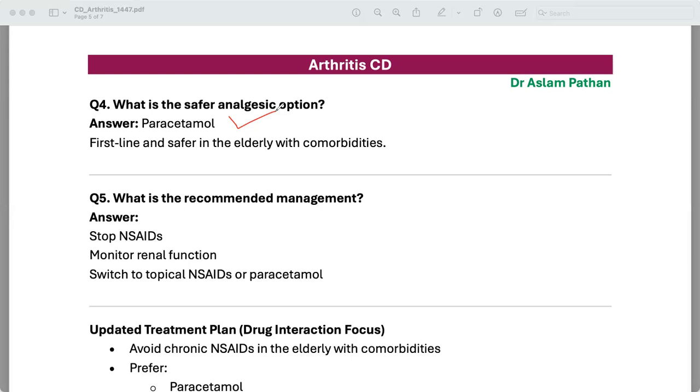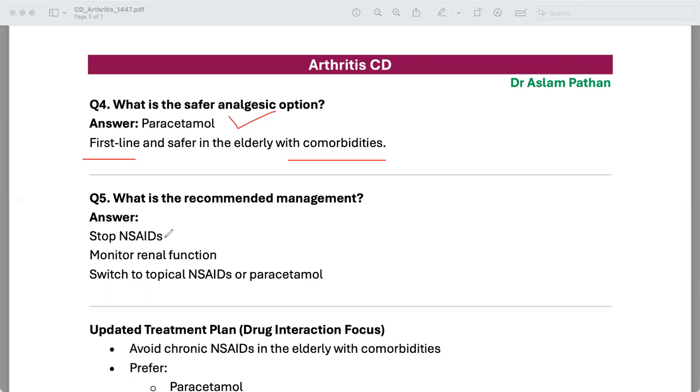When we take non-steroidal anti-inflammatory drugs, they affect the kidney function. So paracetamol is the first and preferred drug in the management of osteoarthritis, first line and safer in the elderly with comorbidities like hypertension or diabetes mellitus.